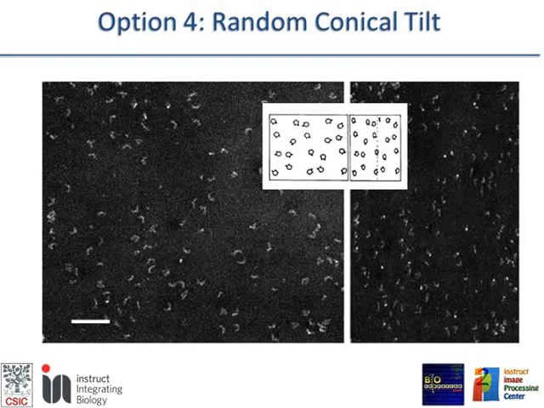So this is another possibility. Here you have a problem because you cannot tilt 90 degrees because otherwise the electrons wouldn't pass through your sample. This limitation on the maximum tilt translates into a region in Fourier space where you don't have any information, and this translates into elongations along that direction. But apart from these elongations, it is a good starting point for doing a 3D reconstruction.